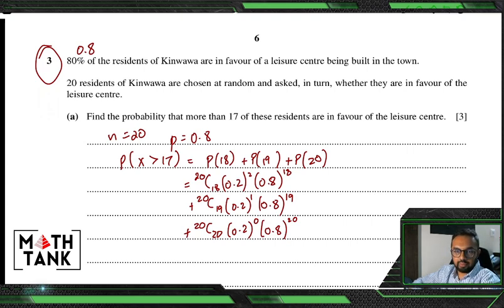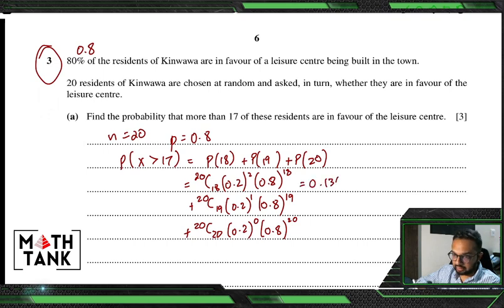I'm just checking if I am getting the right answer. Okay, I am then going to use my calculator to churn out all the probabilities that I want. Now, again, I've told you this before, having this white calculator helps. So if you have that, it's going to be easier to calculate 18, 19, 20, and n is 20, p is 0.8. So I have my probabilities.